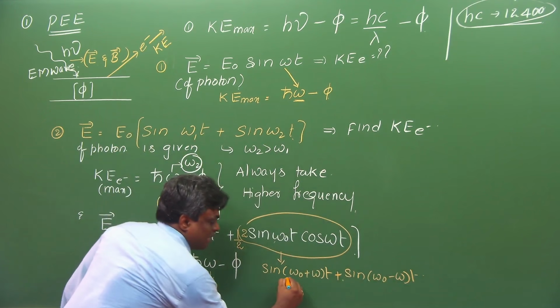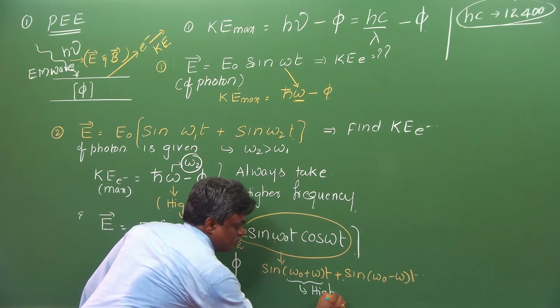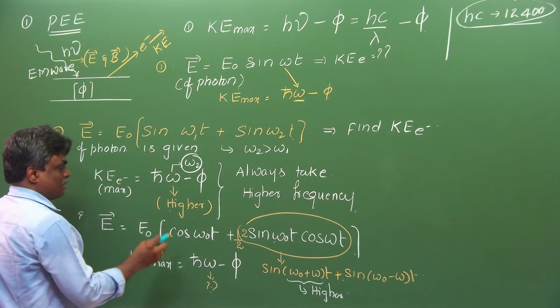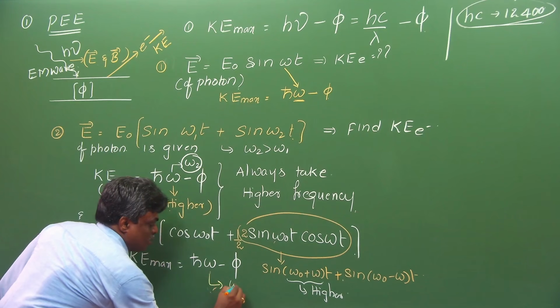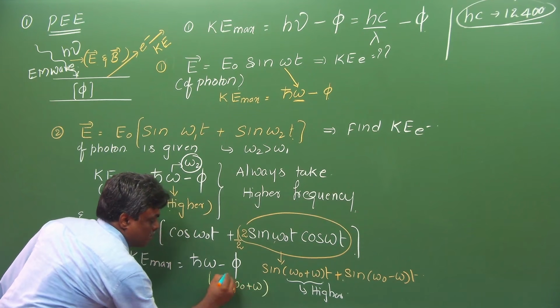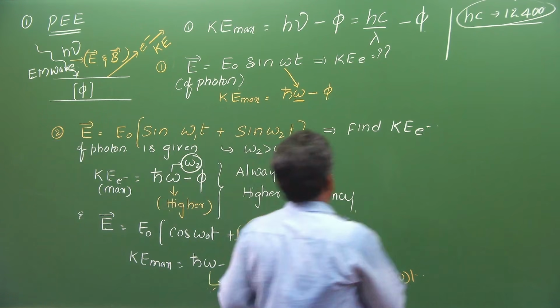So that's why this is the higher. I hope everybody got this. And here omega equals how much? Omega naught plus omega. Is that clear? Okay, come on, write it down.